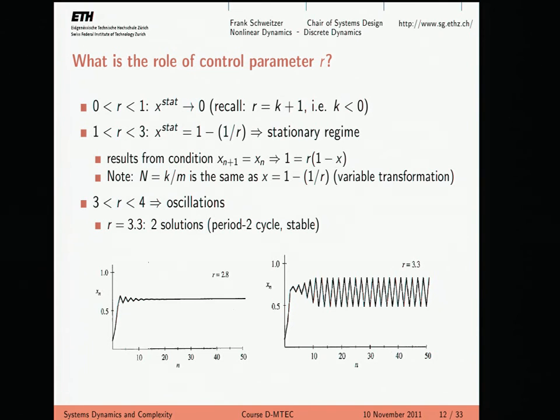Is it clear how we calculated this? Wait a second. Yeah, this is the slide. Why is that the stationary state? 1 minus 1 over R. Let's see now.